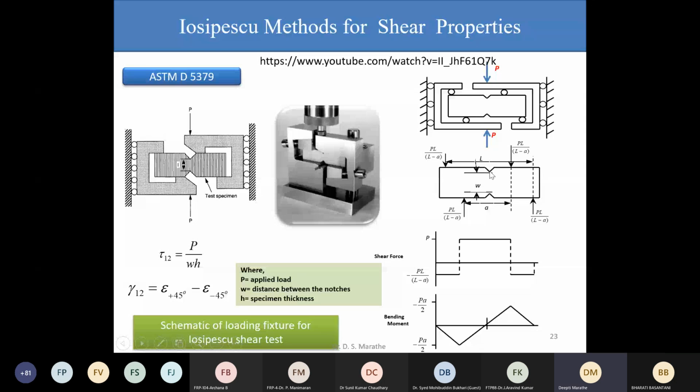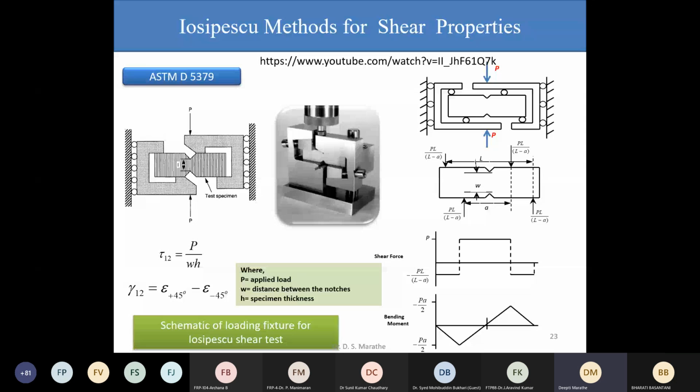There has to be a proper radius on the notch. Then the shear stress that is going to be generated is given by the formula tau12 = P/(W·H), where W is the width, shown here as the gauge length, and H is the thickness of the sample.